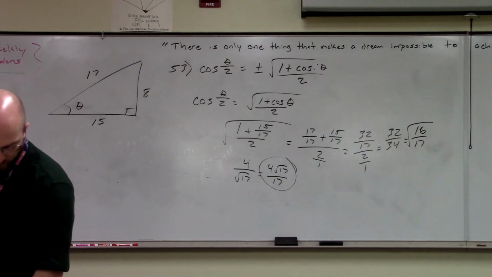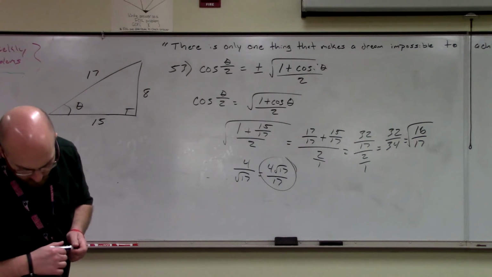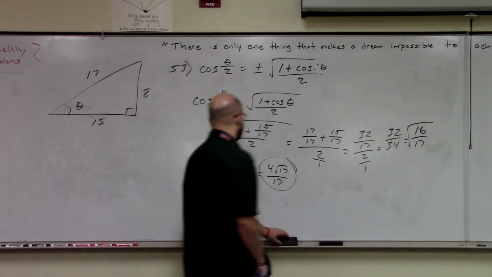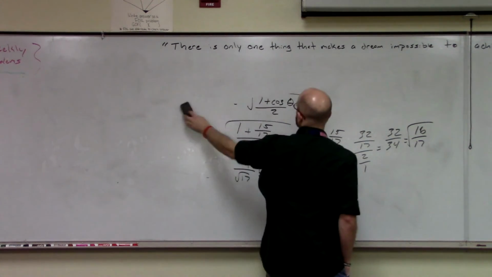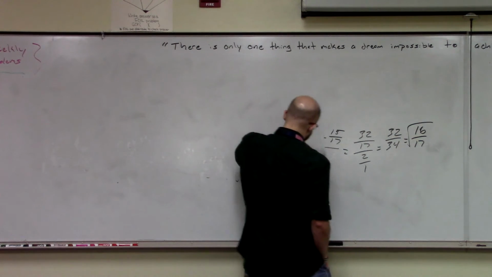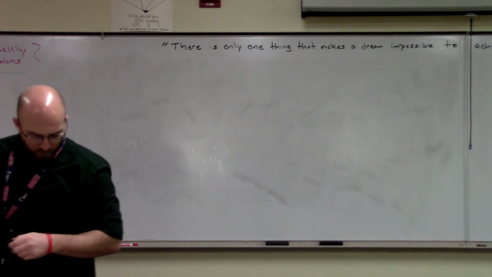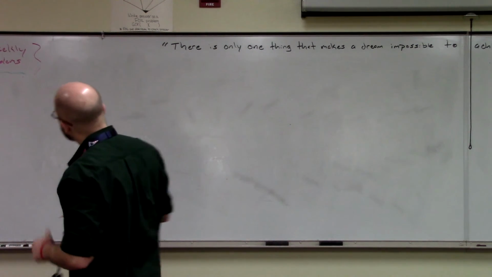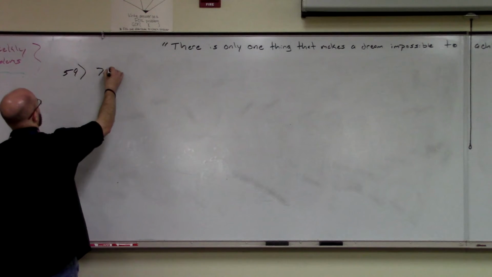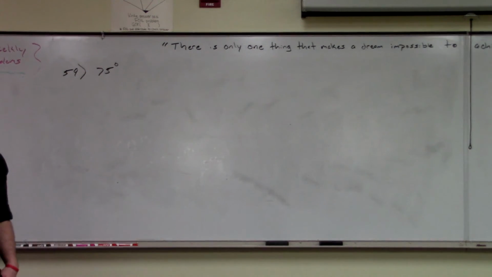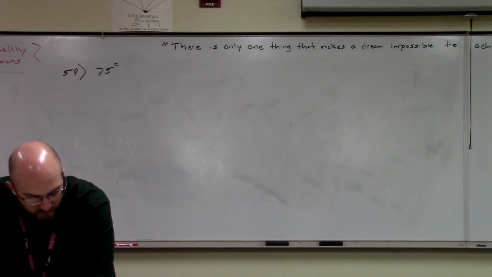So let's do another example of a half angle formula. For this problem, it just says 75 degrees, and it says use the half angle formula to determine the exact values of the sine, cosine, and tangent of the angle.